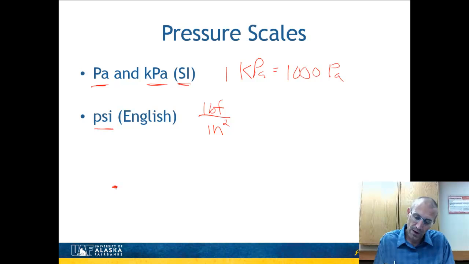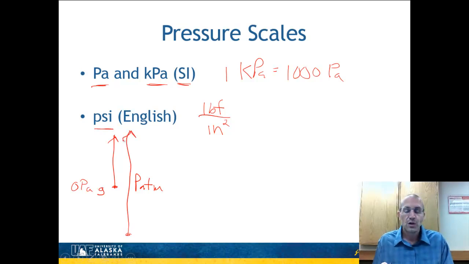And so if I was to look at, for example, 0 pascals, if I talk about it as a gauge pressure, where this is PATM, there would also be an absolute scale that starts down here. So in the SI system, we may specify a pressure as, for example, 20 pascals gauge or 20 pascals absolute. In the English system, it's a little different.